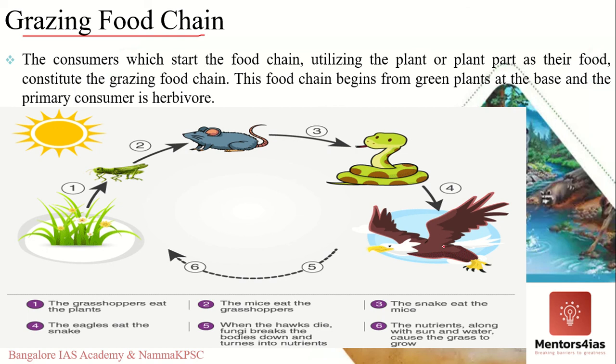And finally, when the eagle dies, its body is decomposed and the nutrients which are made available will once again be used by the plants. But again, you should be able to see that the direction in which the energy flows is always single, it is always unidirectional. So plants in a terrestrial ecosystem or phytoplankton in an aquatic ecosystem always form the first trophic level in a grazing food chain.